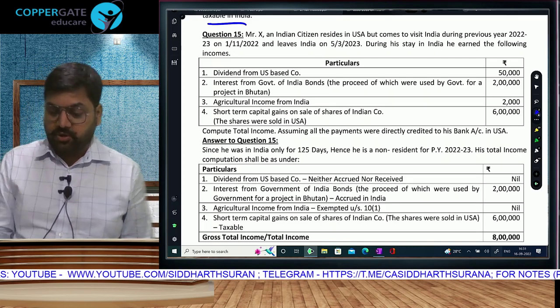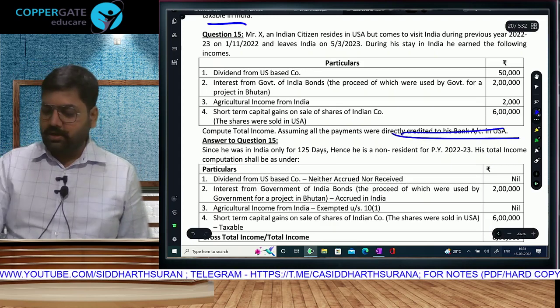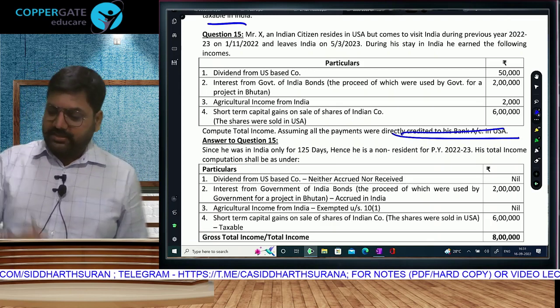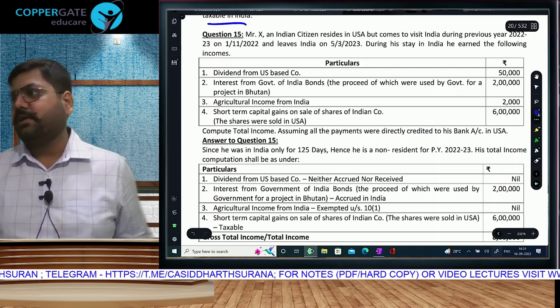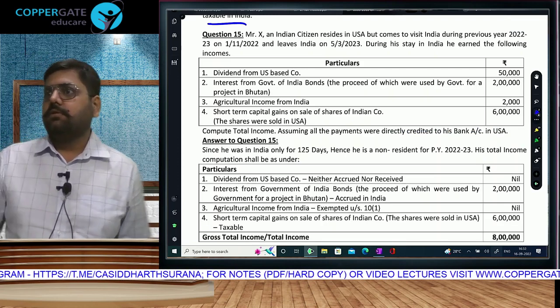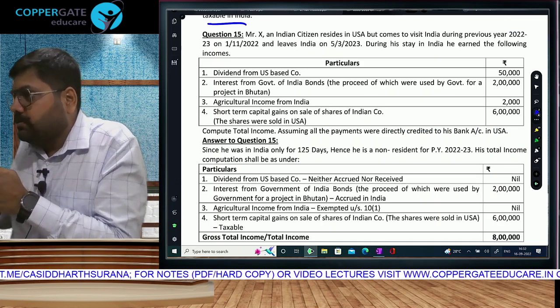One thing is for sure, that the income is received outside India. Had this been credited in an Indian bank account, I would have just added and said taxable. Correct? Now that it is received outside India, we will have to find out due to other factors if any income is becoming Indian income or not. But if he is non-resident, like in that first question, we did 3 things in columnar form.